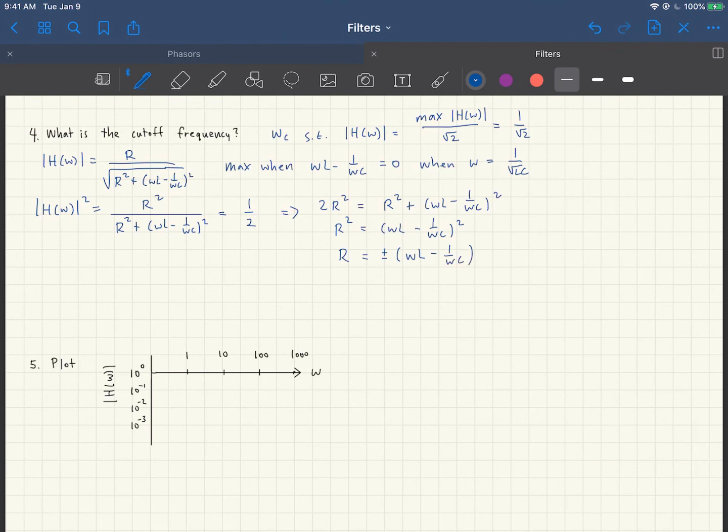And now if I write this as a quadratic equation, multiplying everything by omega C, I'll get omega RC is equal to plus or minus (omega squared LC minus 1), which means my equations will be omega squared LC minus 1 minus omega RC is equal to 0, and omega squared LC minus 1 plus omega RC is equal to 0.